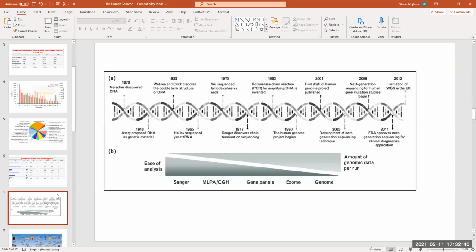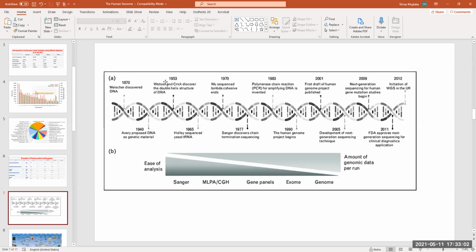Let's see where the story of DNA started. It started in 1870 when Miescher discovered an acidic chemical in the nucleus, which he referred to as DNA. In 1940, Avery proposed DNA as a genetic material.